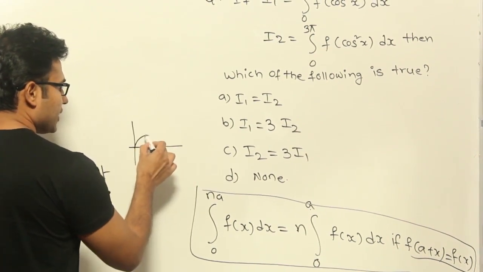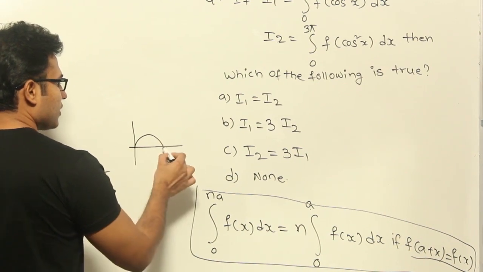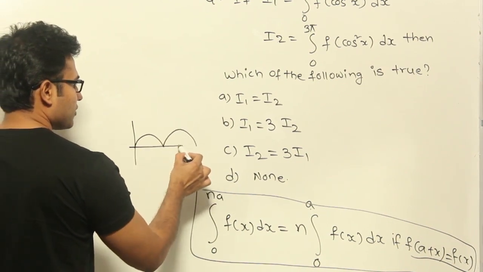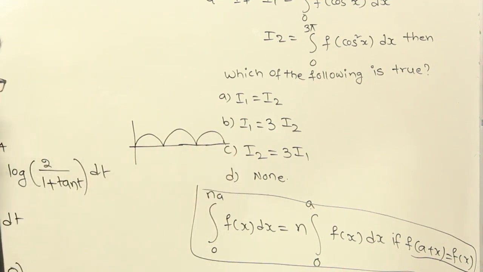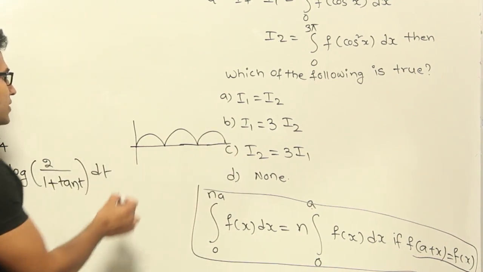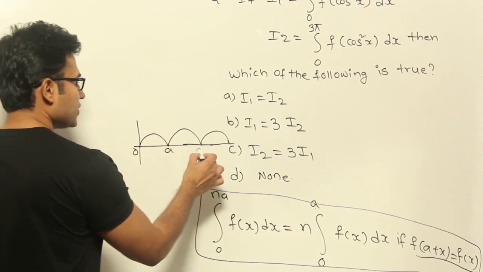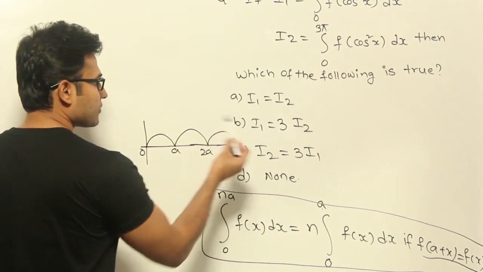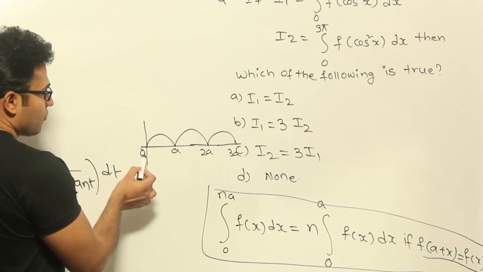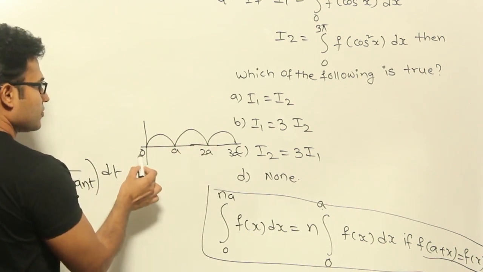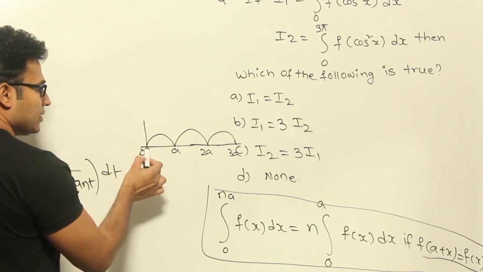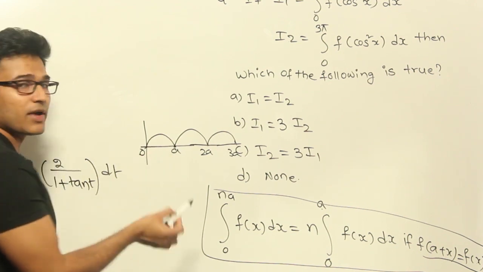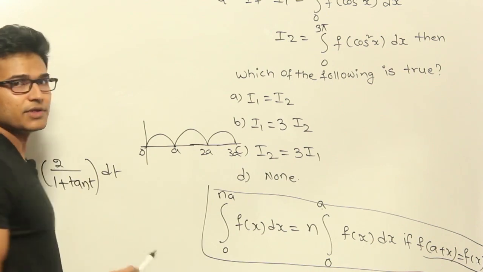So in other words, see this. If you have a function like this from here to here and also from here to here, let's say the function is repeating itself like this. Let's say this is 0, this is a, this is 2a and this is 3a. Whenever you want to find the area under this curve from 0 to 3a, you could break it down as 3 into the integral from 0 to a when the function is repeating itself this way.